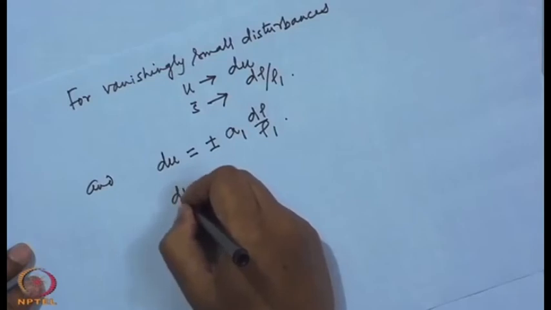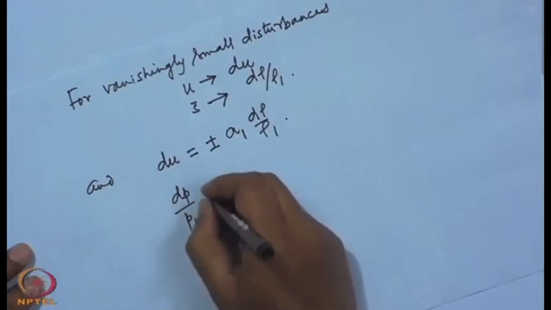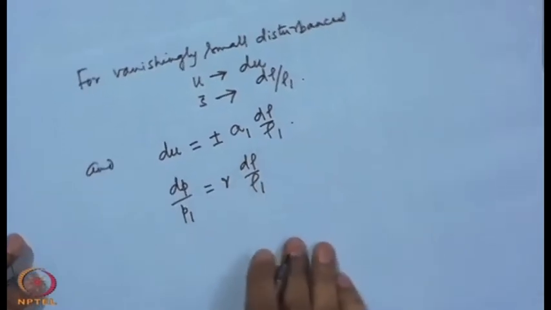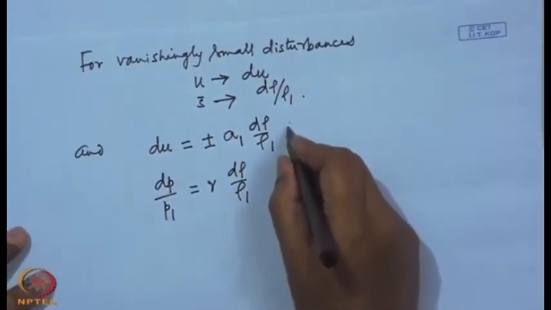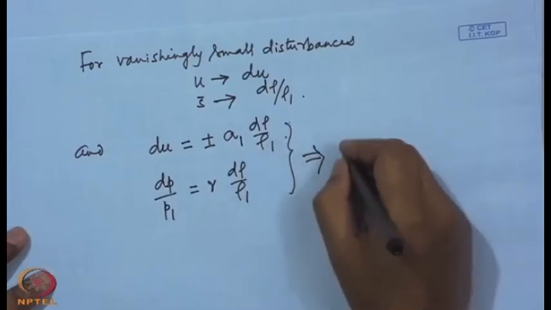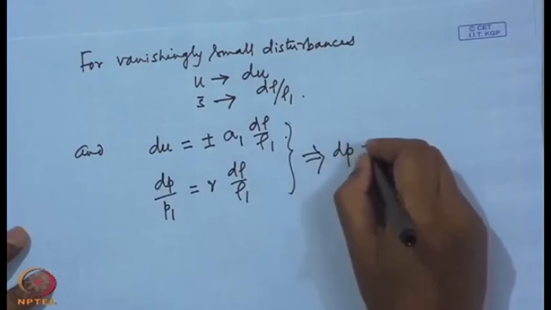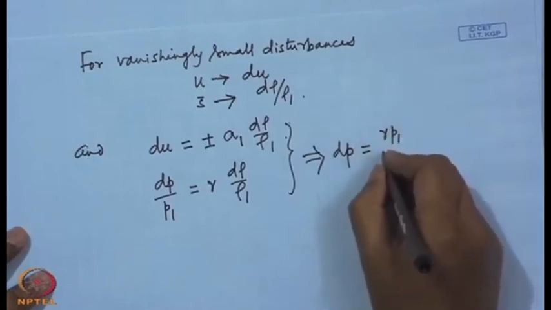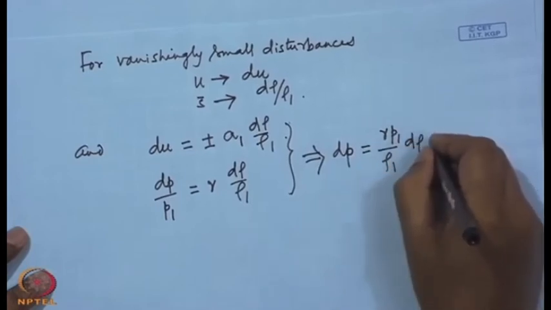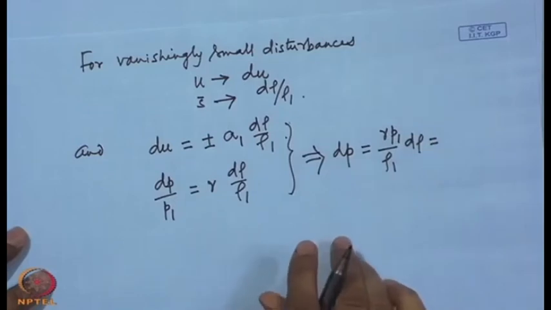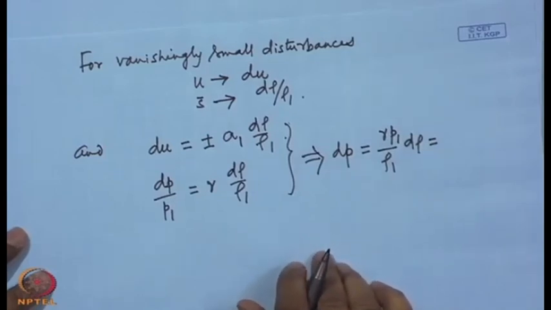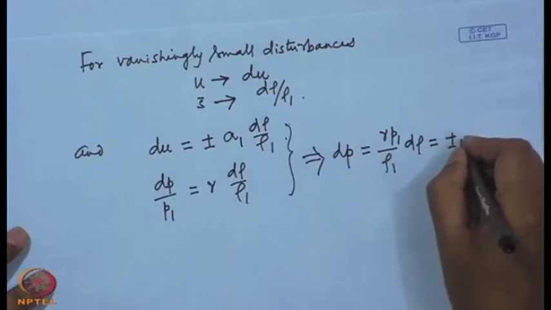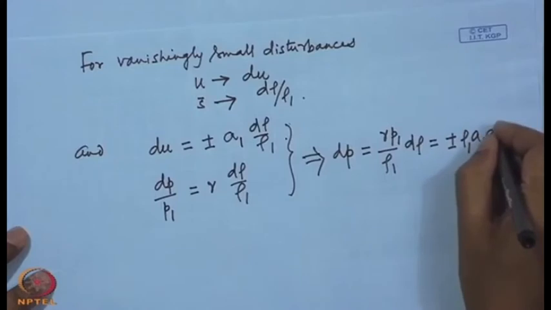Similarly, the pressure change dp by p1 can be written as gamma d rho by rho 1, and combining the two, these together also imply that dp equals gamma p1 by rho 1 d rho, that is a square d rho, and it becomes plus minus rho 1 a1 du.